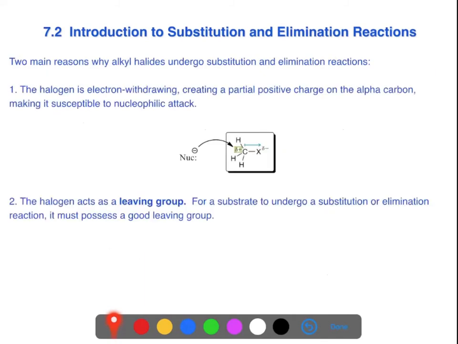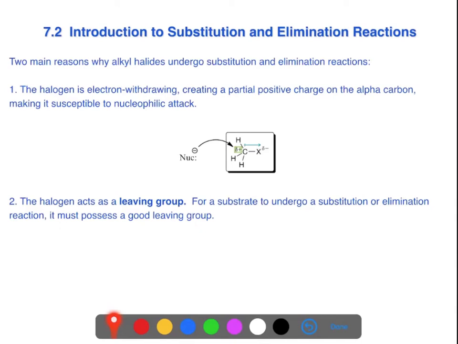Now there are two main reasons why alkyl halides like these undergo substitution and elimination reactions. It's important to recognize why the reactivity is even observed. As we've talked about previously, the nature of the polar covalent bond has a lot to do with why these reactions occur in the first place.